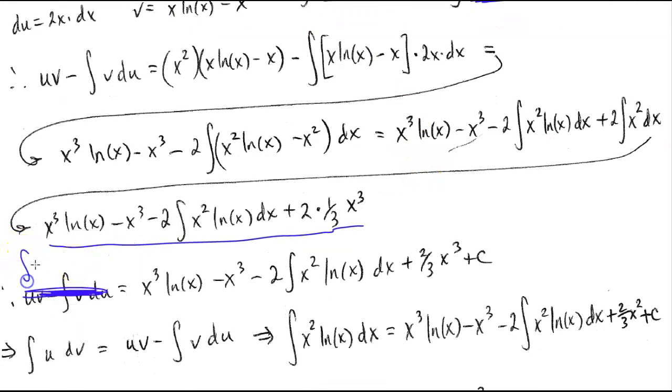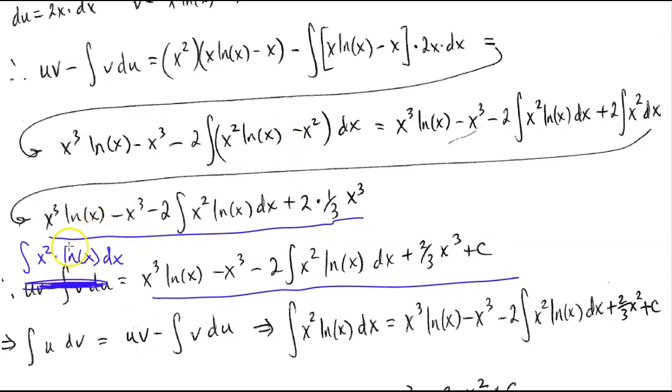So what we have here is the integral of x squared times natural log of x dx, and that is equal to all this business here, okay? So in this, notice that you have this term here that has the integral of x squared times natural log of x dx, and we also have that here.